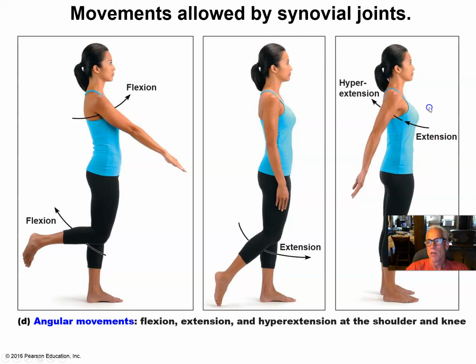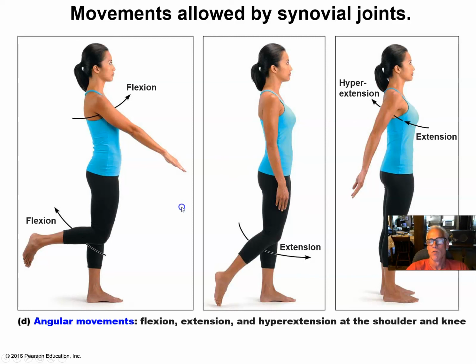If, on the other hand, we move the arm posteriorly, with it lying parallel to the spine, we're going to call that extension, until we reach anatomical position. We could extend this now flexed arm to anatomical position, and then if we move it further posteriorly, that's called hyperextension.